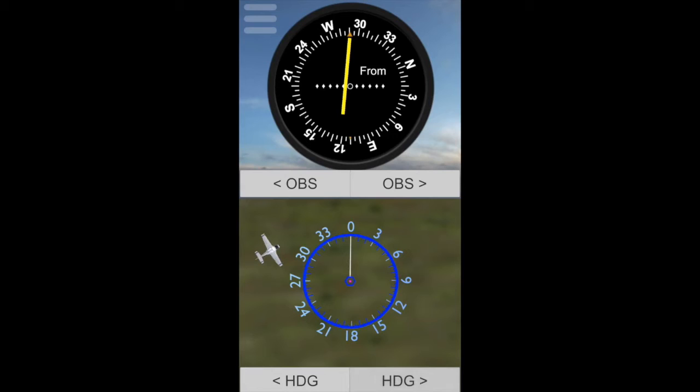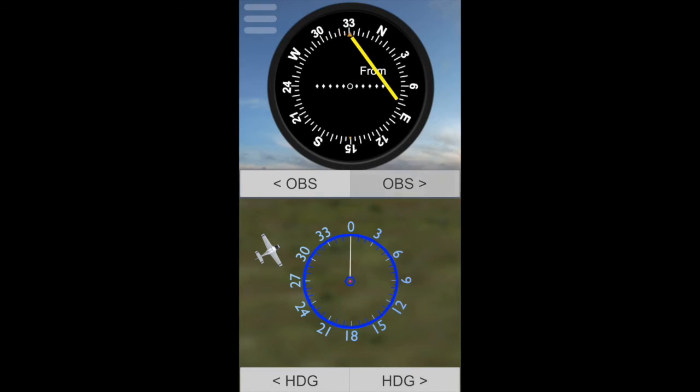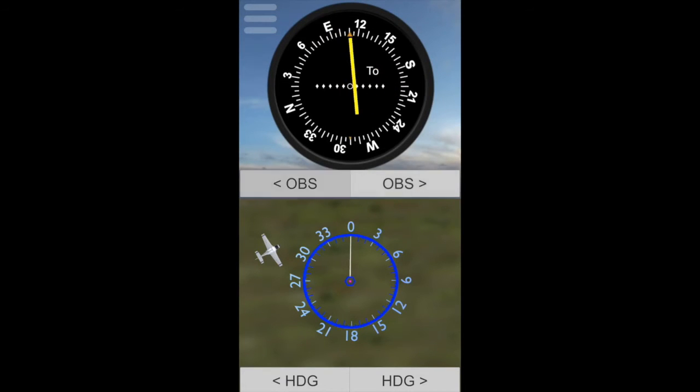And if I want to fly towards the VOR, I fly the reciprocal of 290. What is the reciprocal of 290? I'm going to find out simply by turning the needle to be centered and putting a TO. Here we go. That's 110. If I fly heading 110 with my plane, I'm going to fly straight towards the VOR.